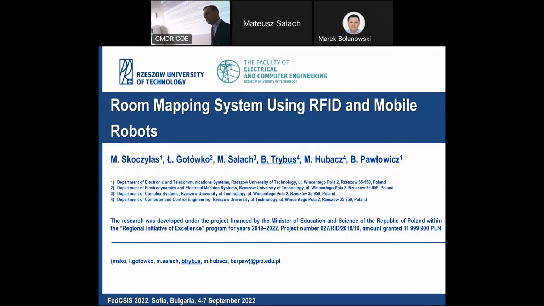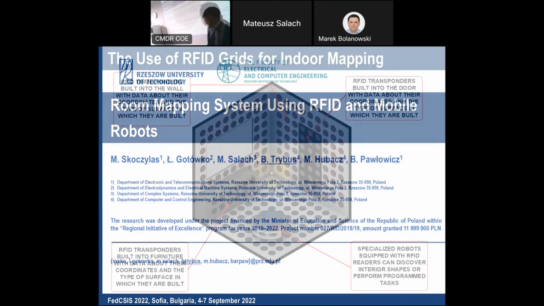The transponders are often called identifiers or tags. Since this is the first time you are presenting the results during the FETSIS conference, I will start by presenting general concepts of the solution, and then I will go to the results.